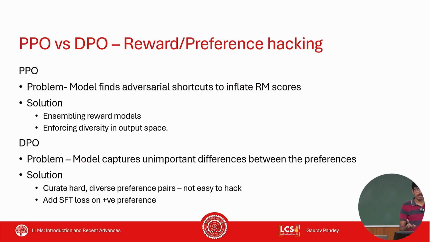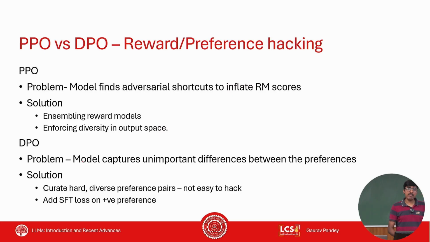So what DPO can do is look at those outputs and think, oh, maybe this particular sentence has this particular word, or maybe it has this particular grammatical structure, and that's why it was preferred. And your policy's probability of that grammatical structure can increase. So it's not hacking the reward model here, but it's hacking the preference pair, because it does not have complete information about the preference pair.